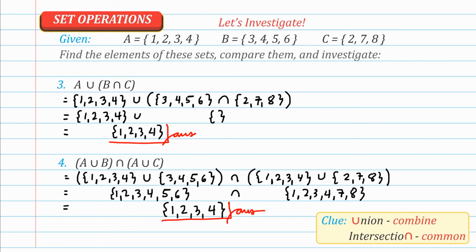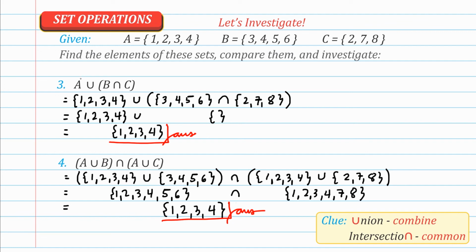Now, just like what we did kanina sa first pair of sets, let's compare these two. If you notice, this is 1, 2, 3, 4. And this is 1, 2, 3, 4 as well. Pareho. Now, kasi meron silang relationship.